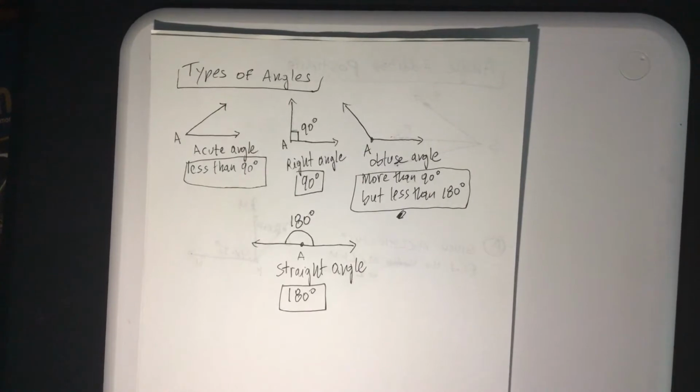Simple. So we got the acute angle, less than 90 degrees; right angle, 90 degrees; obtuse angle, more than 90 but less than 180 degrees; and finally, the straight angle, equal to 180 degrees, and it's a straight line.